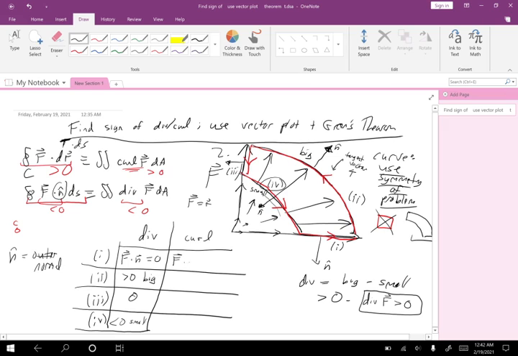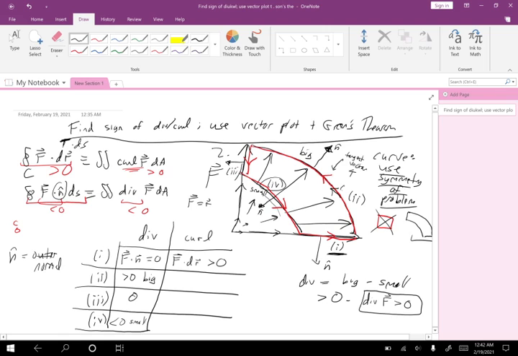So if we look at f dot dr, or f dot the tangent vector, however you like, f is pointing to the right for curve 1, and dr is also pointing to the right, so this is actually positive. And for curve 2, f is pointing tangentially.